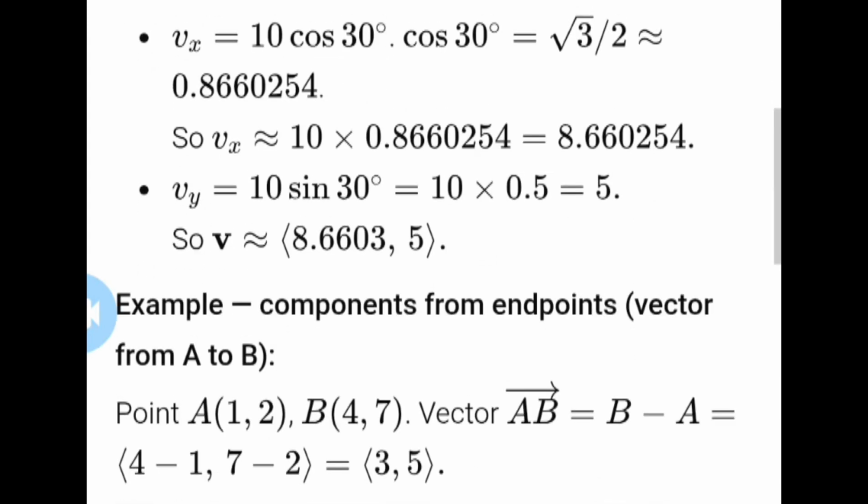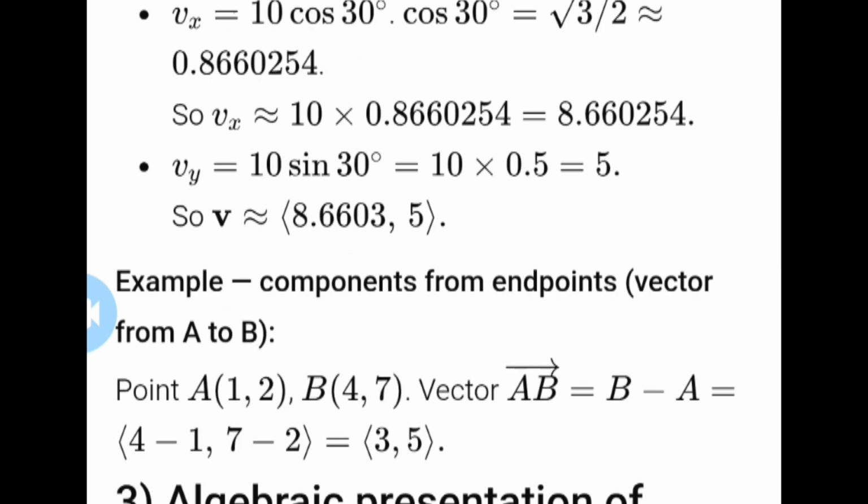Because what you are doing is you have created, wait, I think it has made a mistake here. I think it should just be 10 cos 30. Let me check. This is why ChatGPT is not reliable. ChatGPT is not reliable because it adds random things based on its whims and wishes. (10 cos 30).